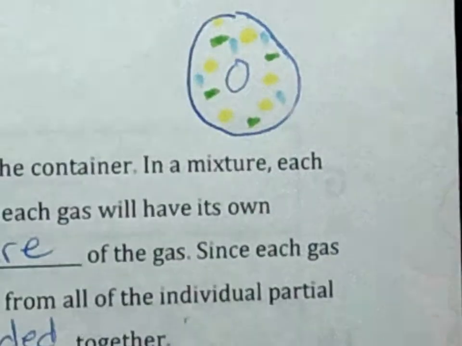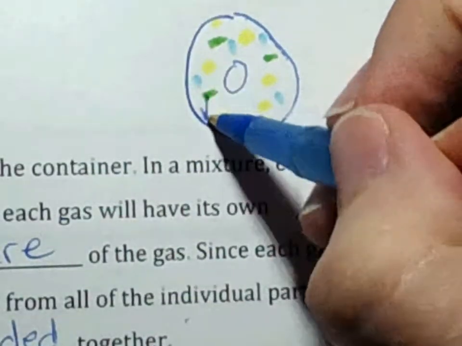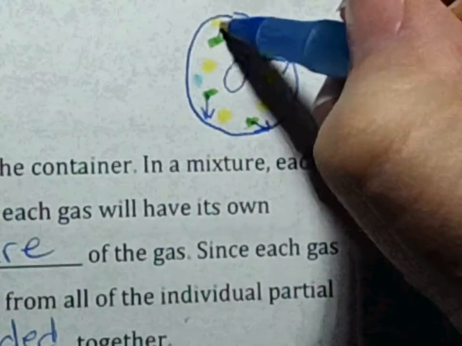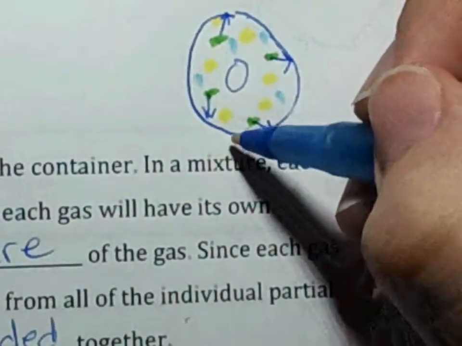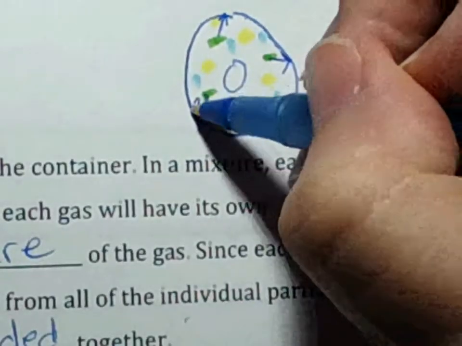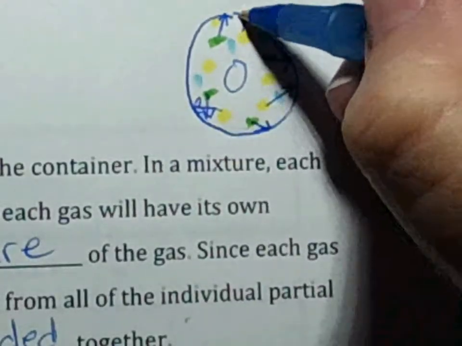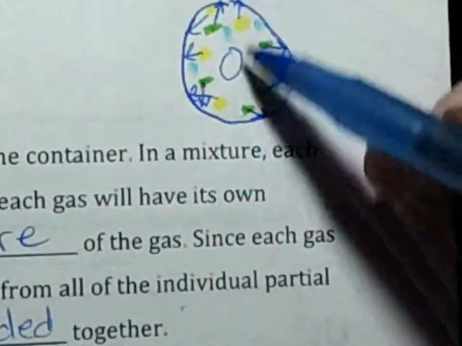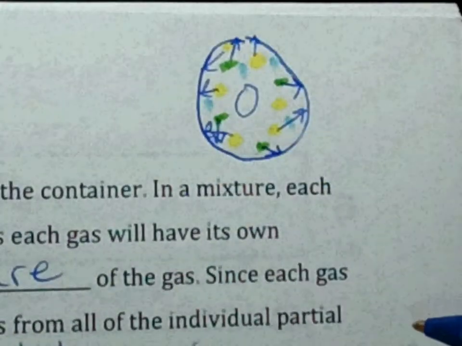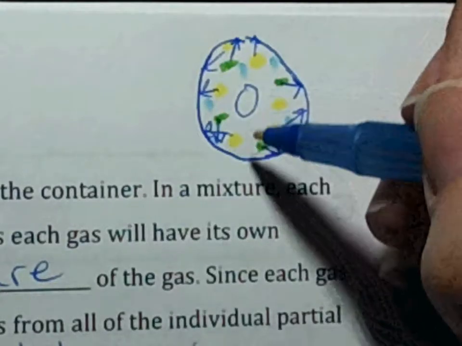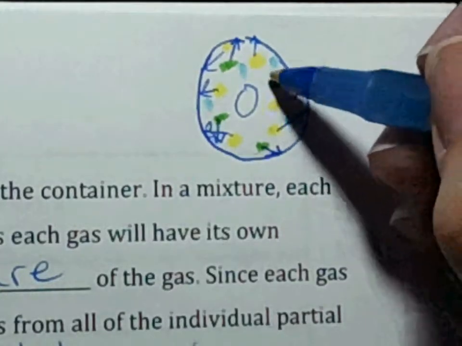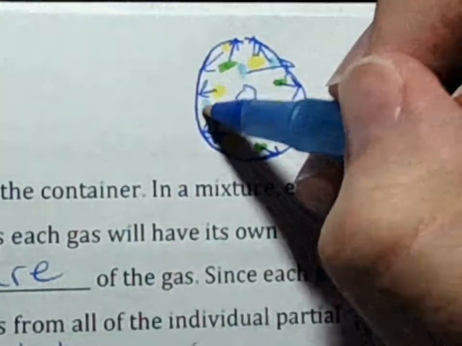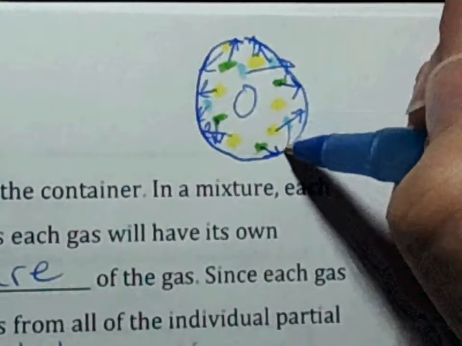So each one of those gases is hitting the walls with its own certain rate. The oxygen has its own rate that it hits the walls. The nitrogen has its own rate that it hits the walls. That means oxygen's exerting some amount of pressure from just oxygen hitting the walls, and there's a different pressure from just nitrogen hitting the walls, and then a different pressure from carbon dioxide hitting the walls.